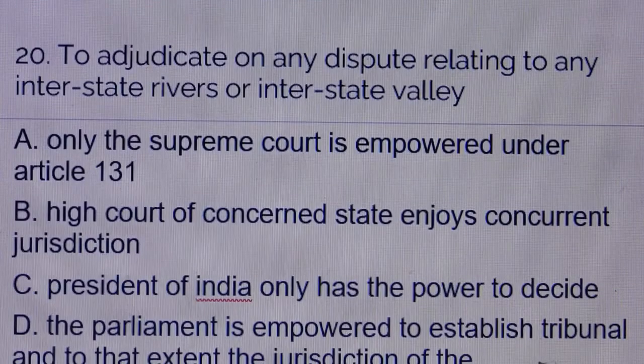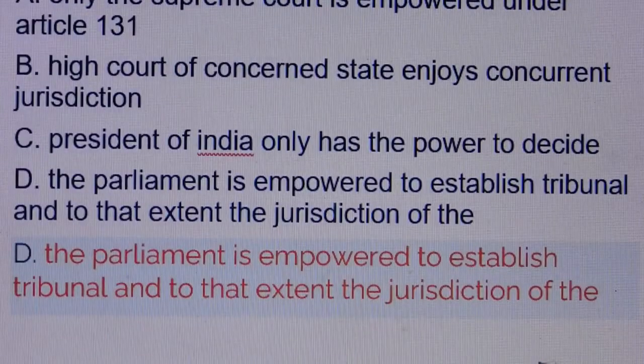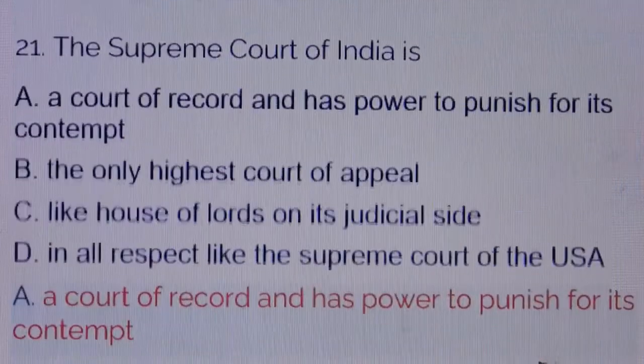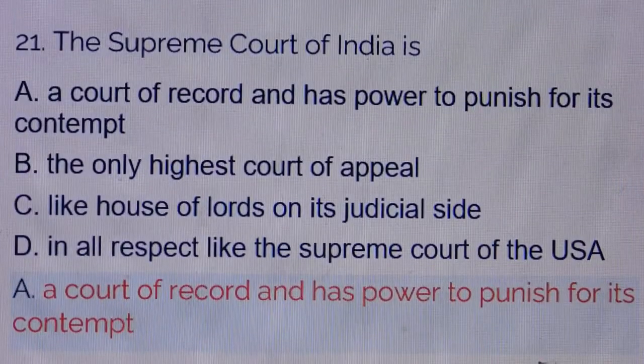Question number 20. To adjudicate on any dispute relating to any interstate rivers or interstate valley. Answer is option number D. The Parliament is empowered to establish tribunal and to that extent the jurisdiction of the courts can be excluded. Question number 21. The Supreme Court of India is.